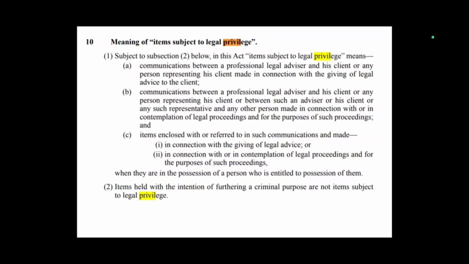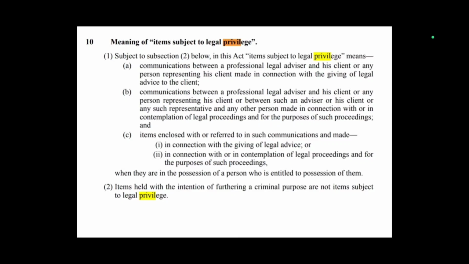Now, the interesting thing about the last part of this, item number 2 at the bottom, it says items held with the intention of furthering a criminal purpose are not items subject to legal privilege, right? Well, the thing is, petition material and campaigns don't have a criminal purpose, because they're there to persuade the public and Parliament to make or change matters in matters of church, state or law, all right?